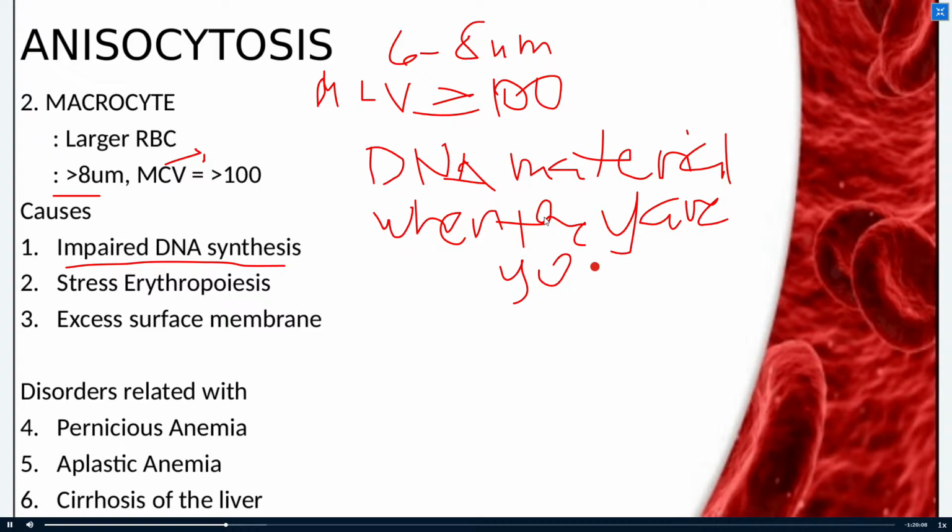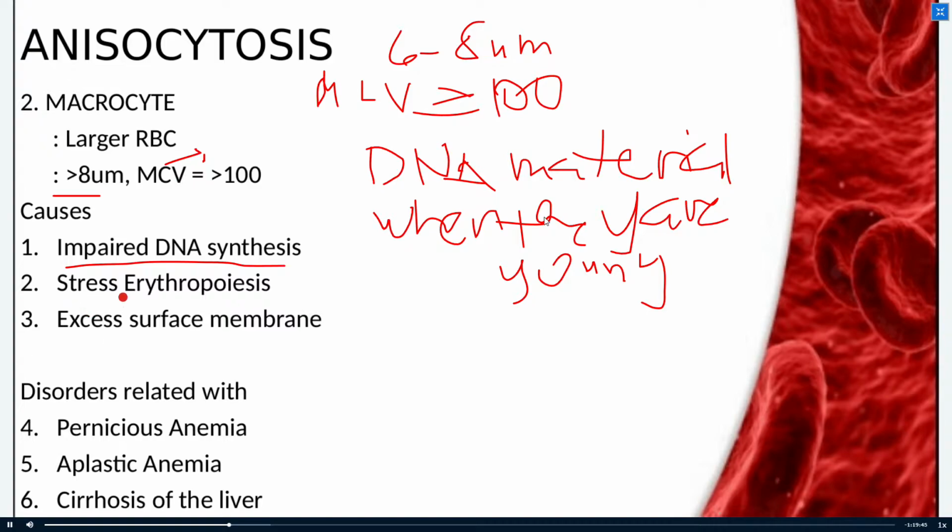Again, macrocyte can come from impaired DNA synthesis, wherein when the red cell is still a reticulocyte, there could be problems in the DNA synthesis, and that would lead to your large RBC or macrocyte.